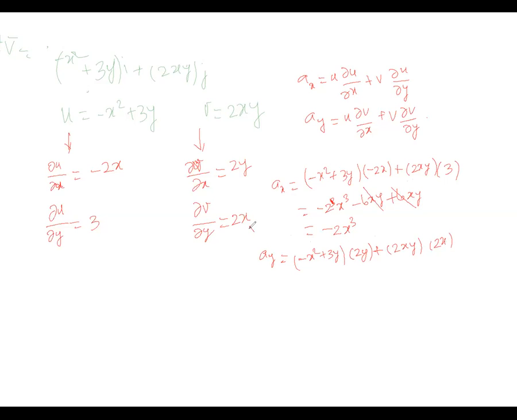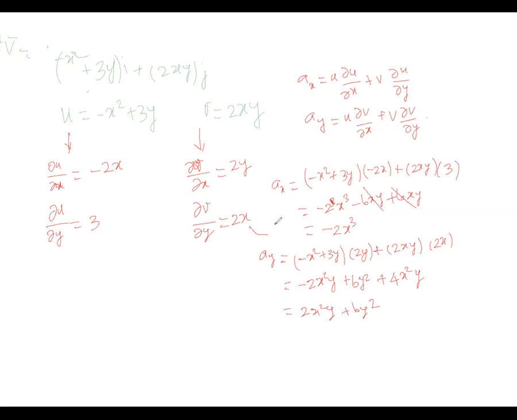This is equal to −2x²y + 6y² + 4x²y. The final answer is 2x²y + 6y².